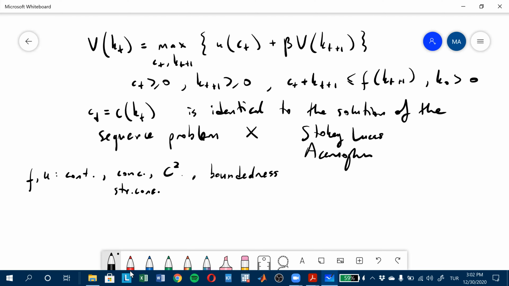So why do we need such conditions? And of course, I also should write beta is between 0 and 1 always. That's very, very important. Why do we need such assumptions?